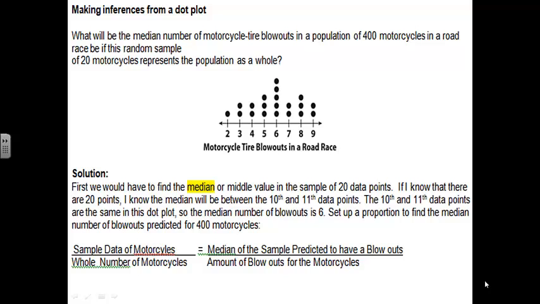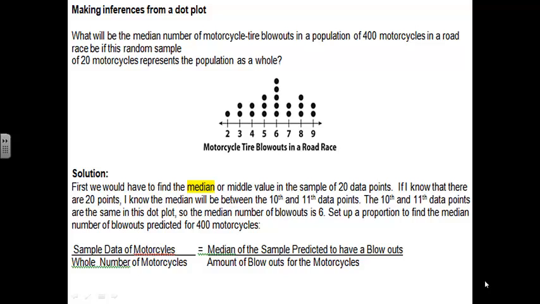So the first thing we would do after we got our dot plot together would be to find the median, or the middle value in the sample of 20 data points. If I know that there are 20 points, I know the median will be between the 10th and 11th data point.